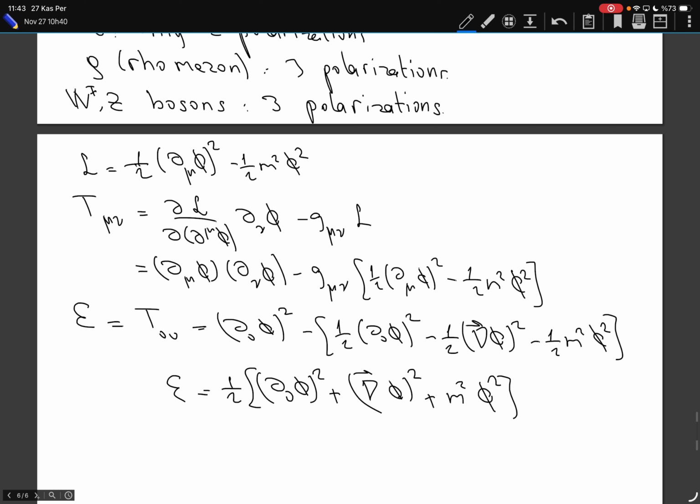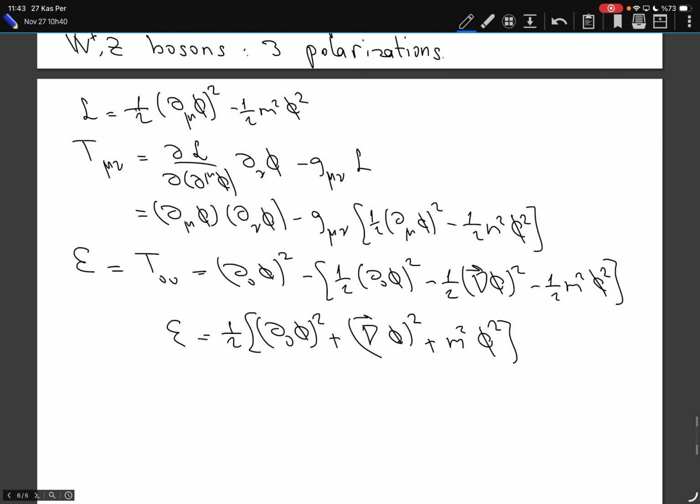This is the energy density. Nice, this is positive. I have positive energies. Well, even if it were negative, I can always shift the energy up and down. But the important thing is it is bounded from below, and the minimum I can set to 0.